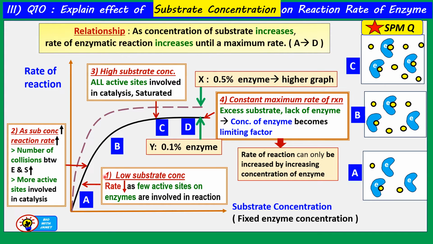That means from A to B to C here, the substrate concentration was the limiting factor that affected the rate of reaction and needed to be increased in order for the rate of reaction to increase. But after that, from C to D onwards, the concentration of enzyme becomes the limiting factor, meaning that we have to increase it in order for the rate of reaction to increase.